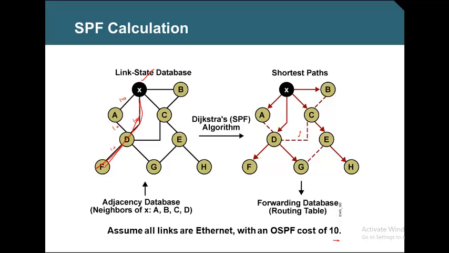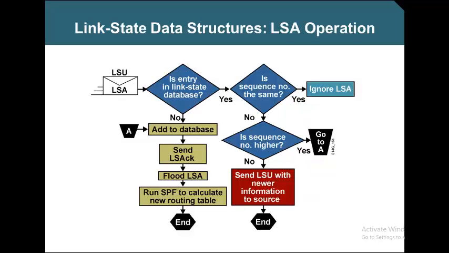A router is receiving an LSU. I told you LSU is nothing but a collection of LSAs. So when an LSU comes, it will come with a sequence number. We'll talk about the sequence number in the next chapter in detail, but it comes with a number, like a version number.